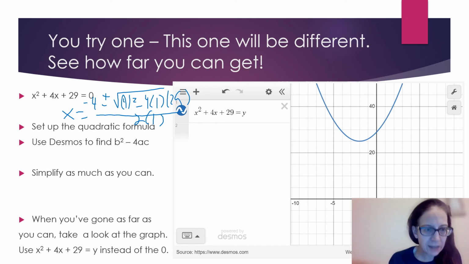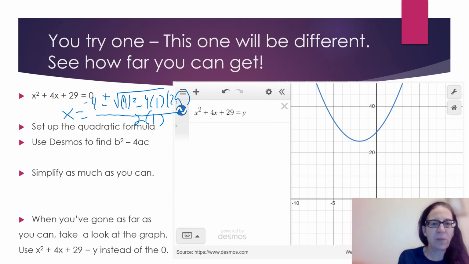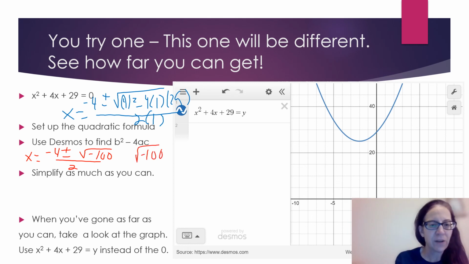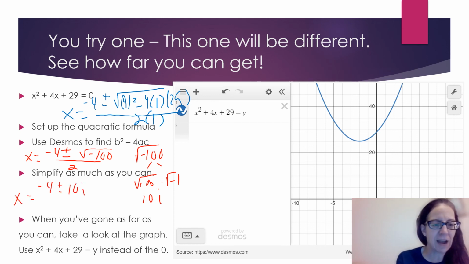So going back, simplify as much as you can. x is equal to -4 plus or minus the square root of -100, all over 2. The square root of -100 is the square root of 100 times the square root of -1. That's 10i.